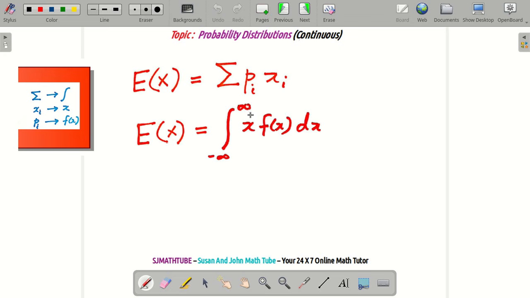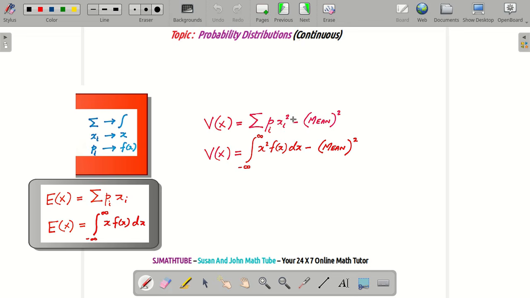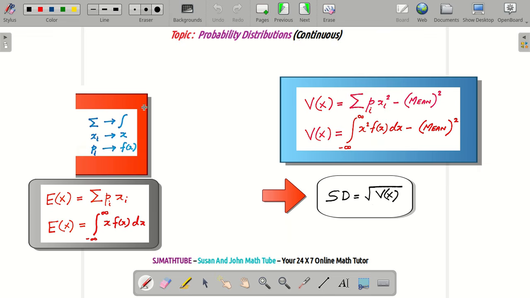Of course, sigma will change into integral, x_i will become x, and our p_i's will become f(x). What about variance? You can use the same trick. The trick is over here. And how can we forget our standard deviation? What is standard deviation? Yeah, exactly, the square root of variance.